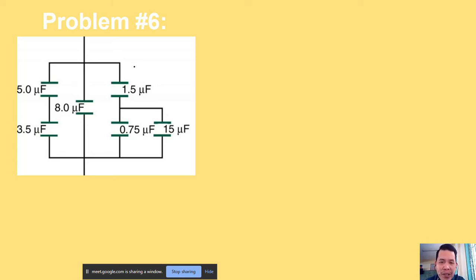Sige po. So, start po tayo kay 15 microfarad. So, 15 microfarad, hahanapan po natin siya ng partner niya at ang pinaka-loyal kay 15 microfarad ay 0.75 microfarad. They are connected in parallel and these two capacitors become 1.